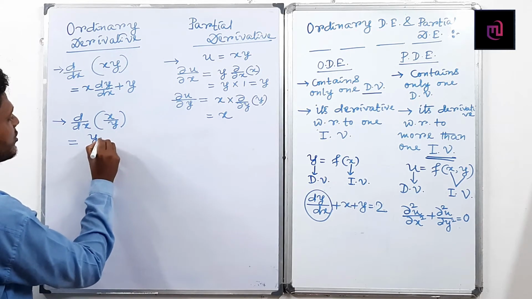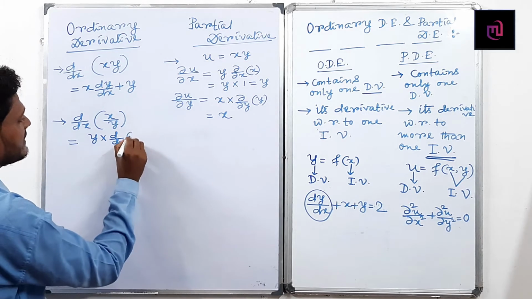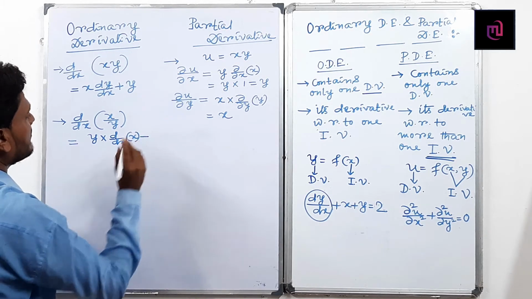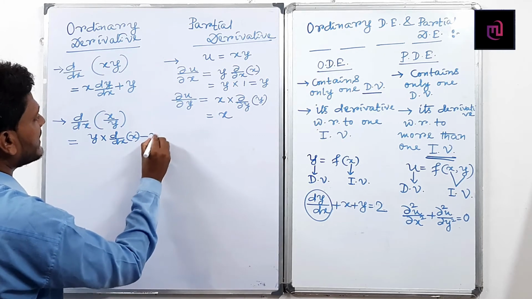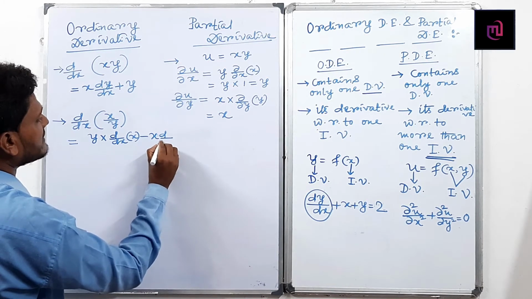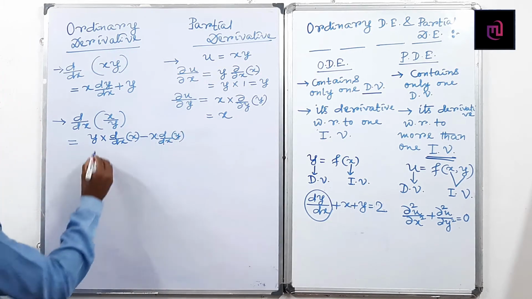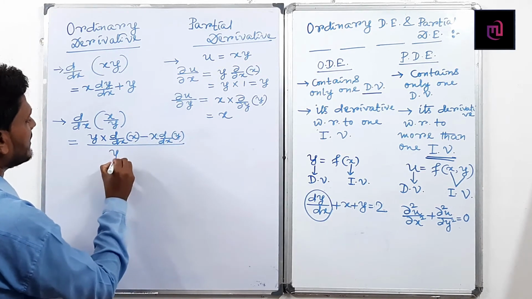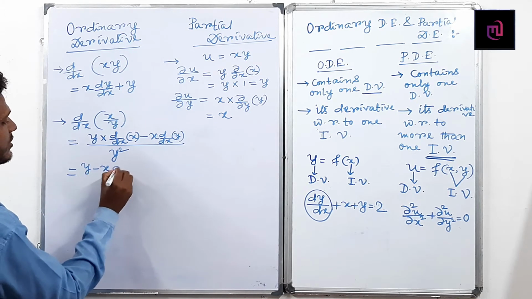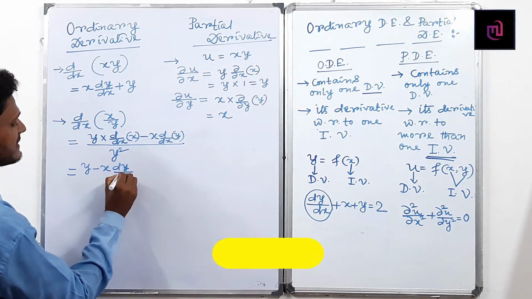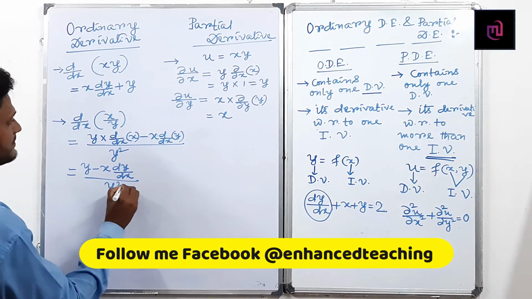So y into d/dx of x minus y into x into dy by dx, can I write this line? Whole divided by y square. So finally we will get (y minus x into dy by dx) whole divided by y square.